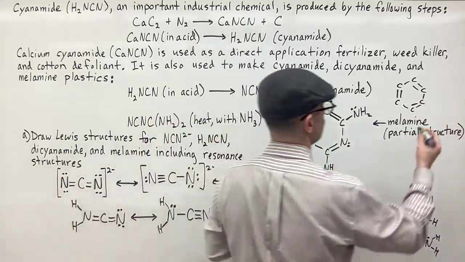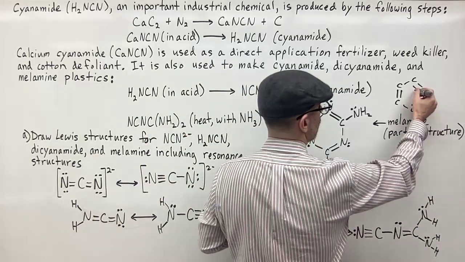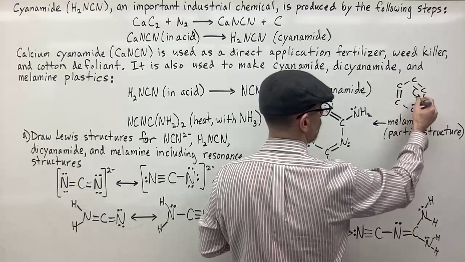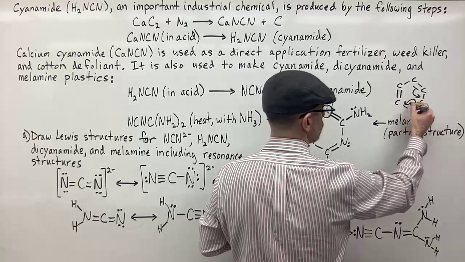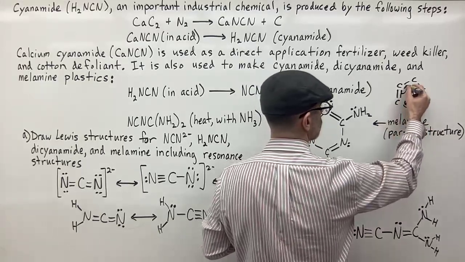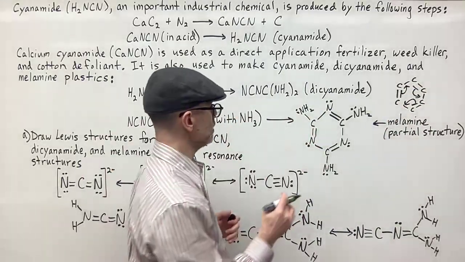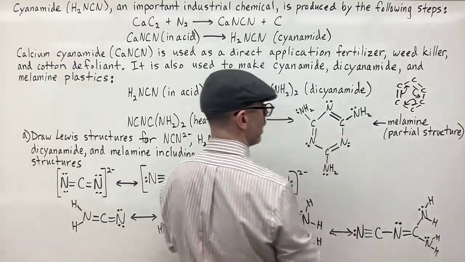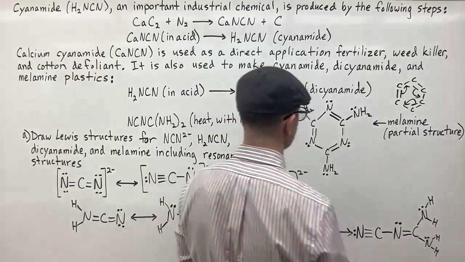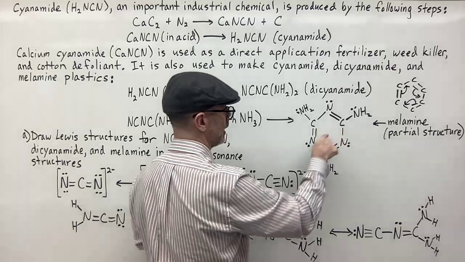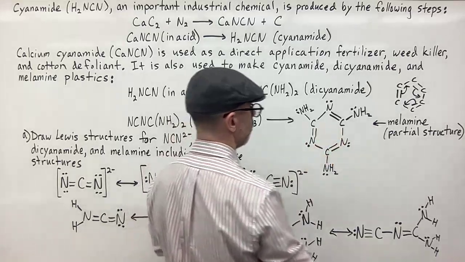You can move electrons so that the double bond here moves to these 2 carbons. This double bond gets pushed to those 2. This double bond gets pushed to those 2. So the double bond switches over. Same thing happens here, right?